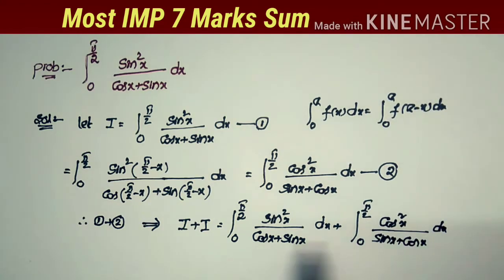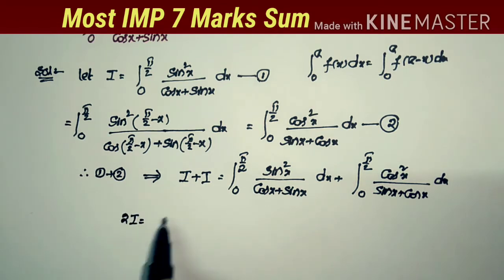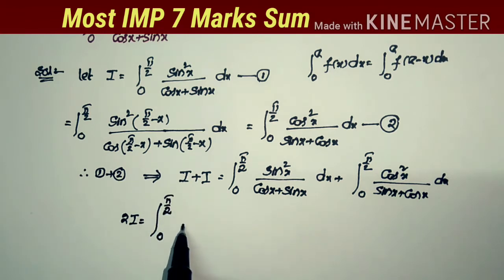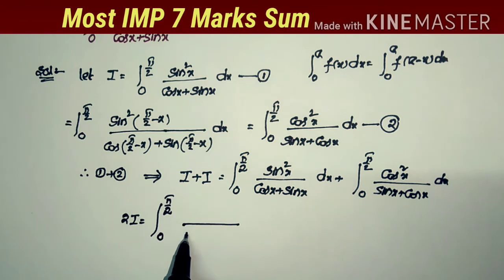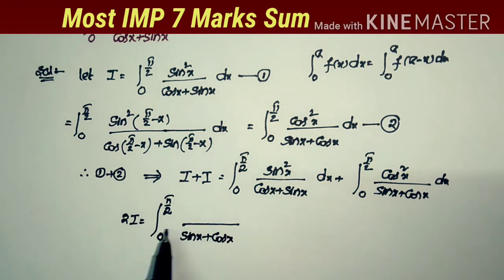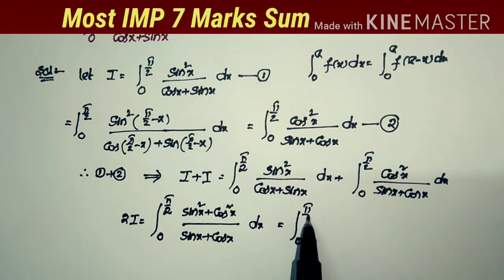Now here both the integrations have the same limits, that is 2I is equal to, writing a single integration, integral 0 to pi by 2, and here these two terms have the same denominator. So taking LCM sin x plus cos x. Now what are the numerator values? Sin square x plus cos square x. And what is this value?